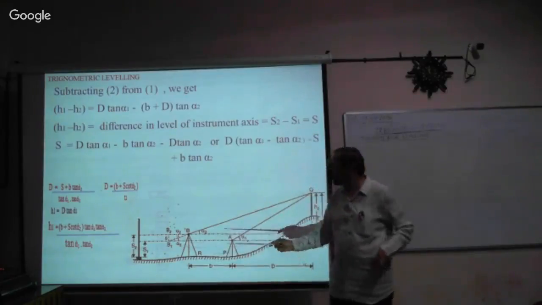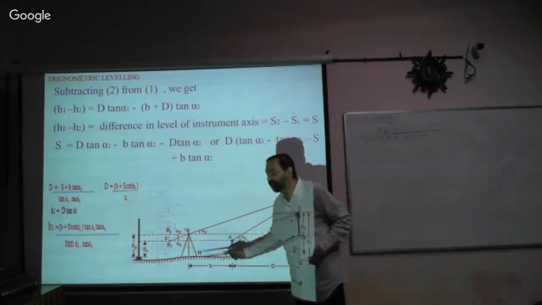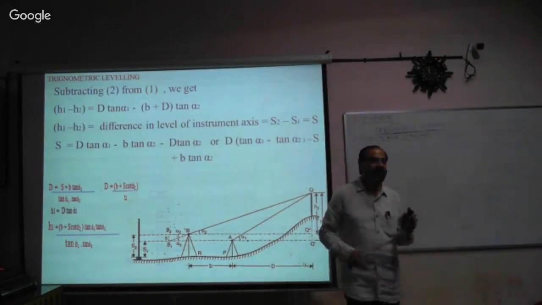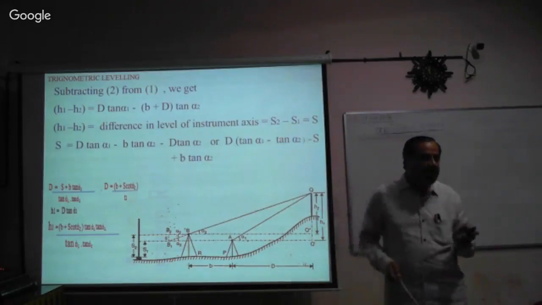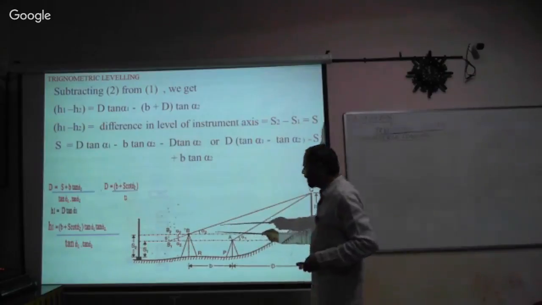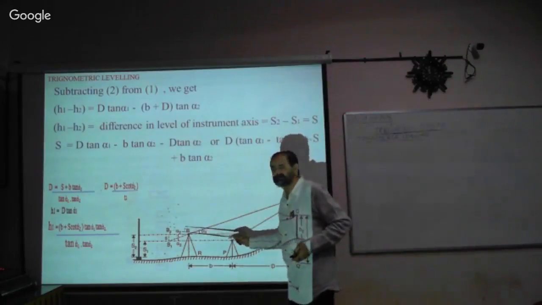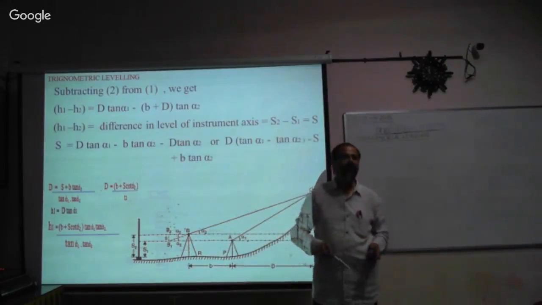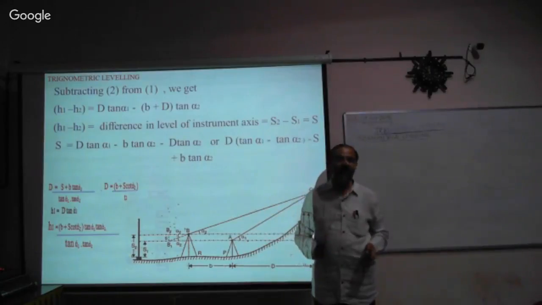Now by solving this triangle, we are going to get S cot alpha 2, the distance between B2 and B dash. B2 and B dash is equal to S cot alpha 2.